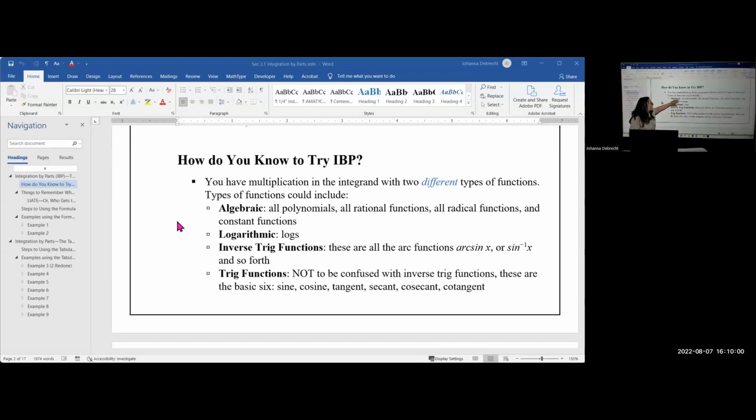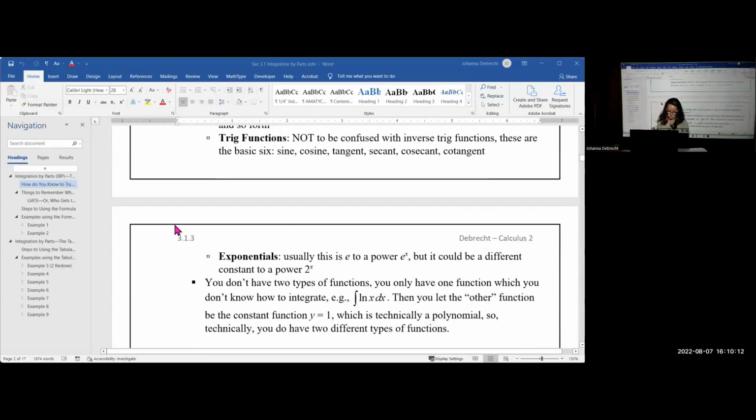So let's say you had an x squared multiplied by sine of x. Well, that's two different types of functions. X squared is algebraic and sine of x is trig. Now we can also have exponential functions. This is another type of function that we've seen quite a bit, and you shouldn't be surprised to see it here. If you have logarithmic functions, then exponentials ought to be there as well.